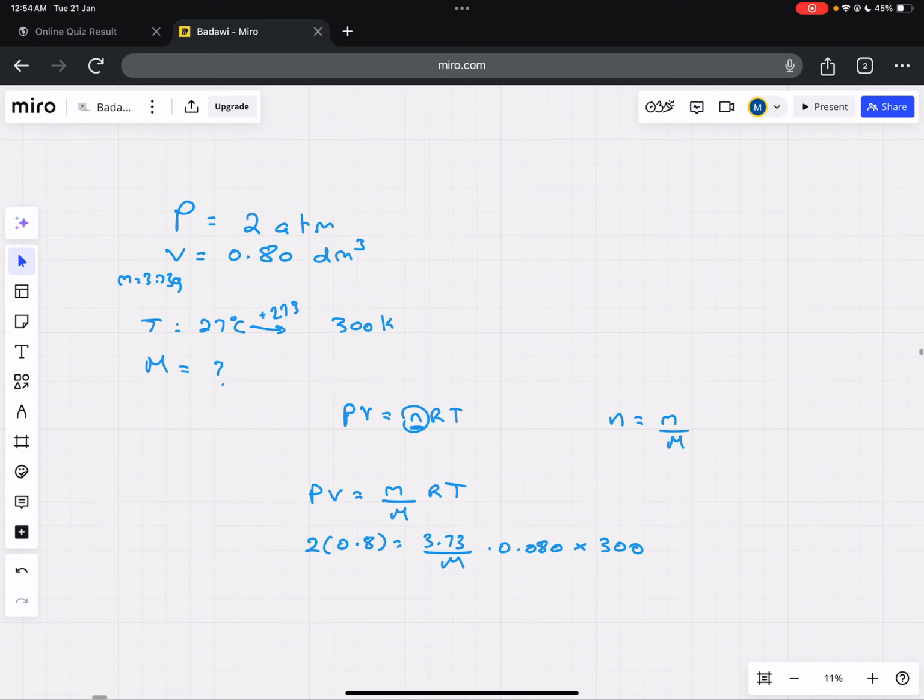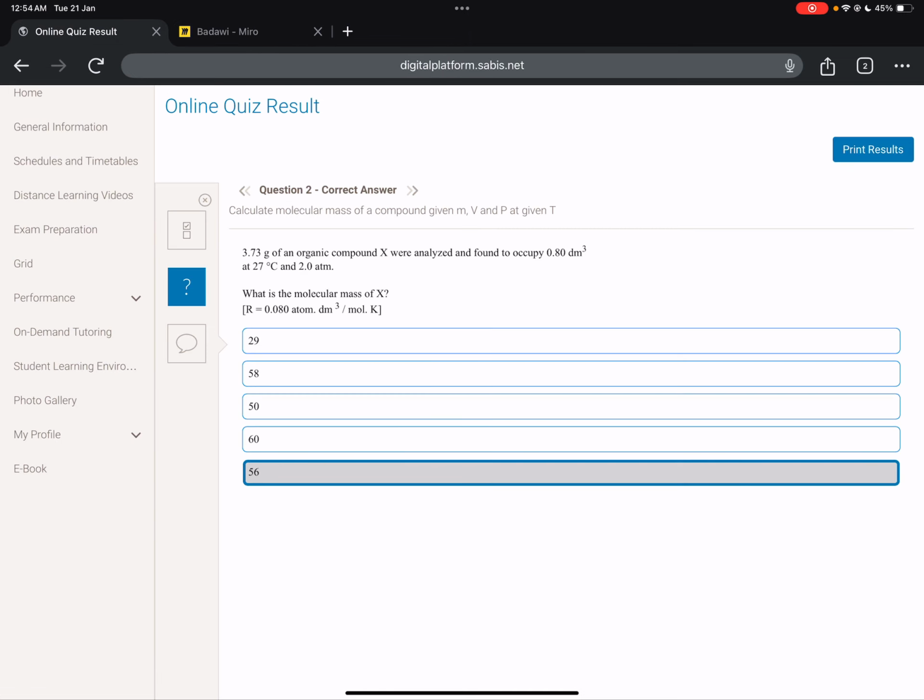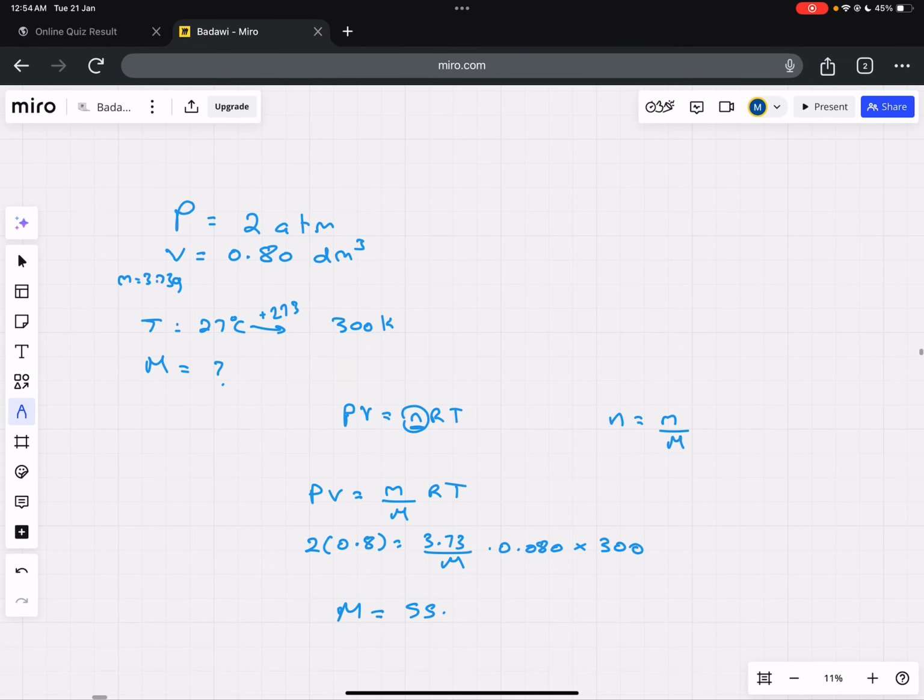Then I will just solve it, and I will get the molar mass to be 55.9, and then just round it up, you will get 56. Or you can, instead of substituting directly mass over molar mass, find the number of moles first, and then do this as a second equation.